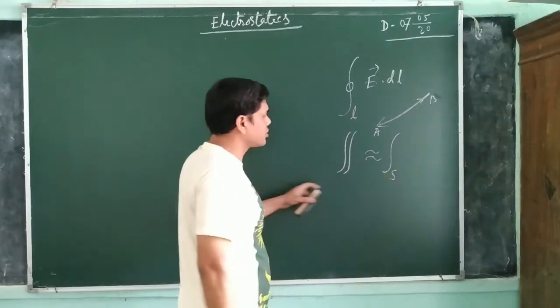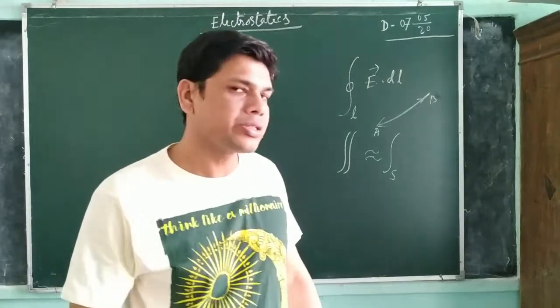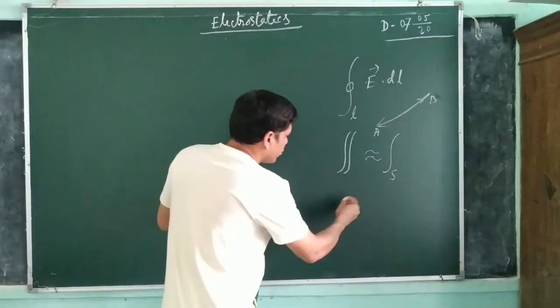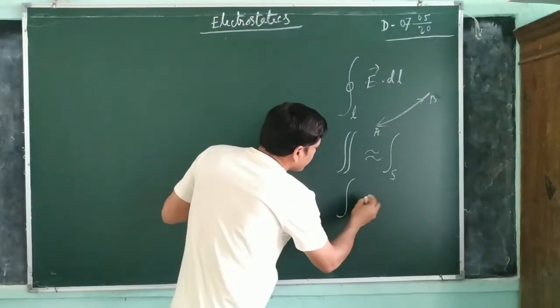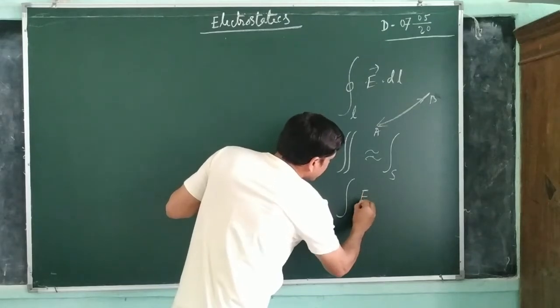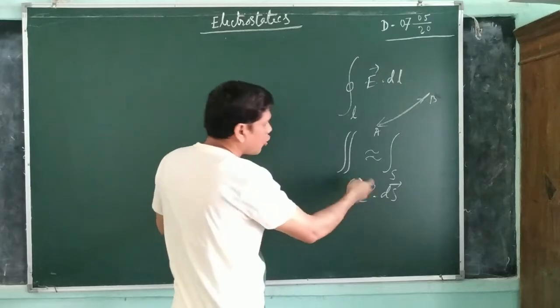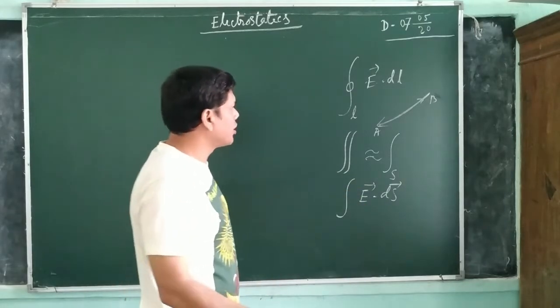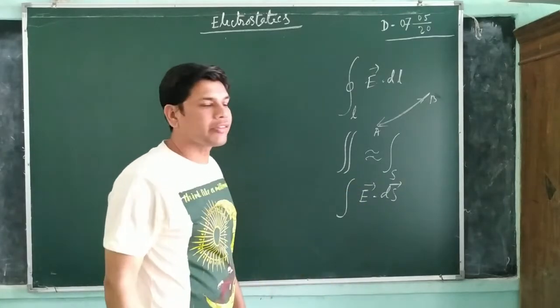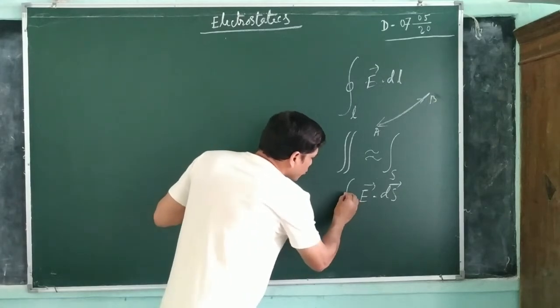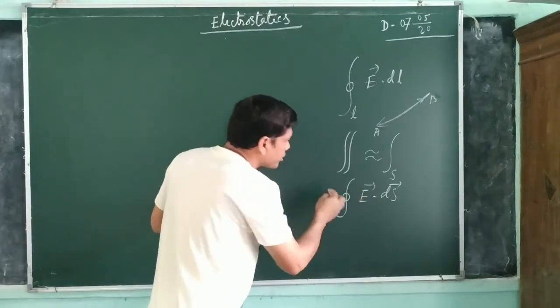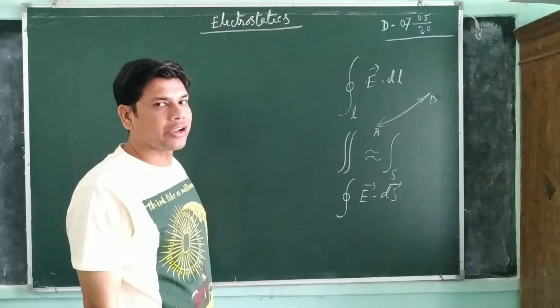These symbols also mean surface integration. So E dot dS is related to a surface. This is open surface integration. When we have to do closed surface integration, we put a circle over the integration sign. This means closed surface integration.